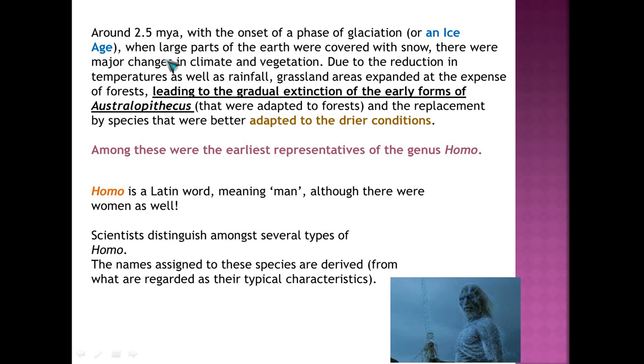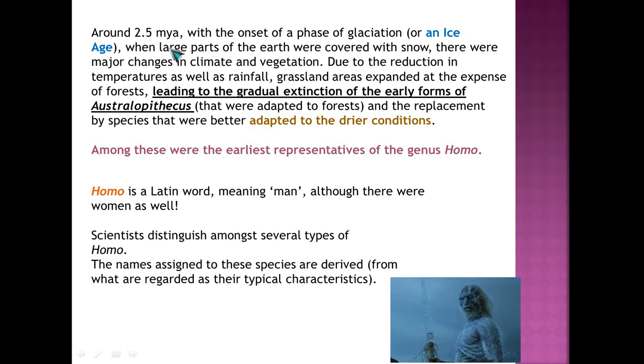So more grassland areas came up instead of forest, and forest was reducing. It was more of grassland. Did you understand? And that led to the gradual extinction of Australopithecus. Our Australopithecus started getting extinct because they were more adapted to forest.